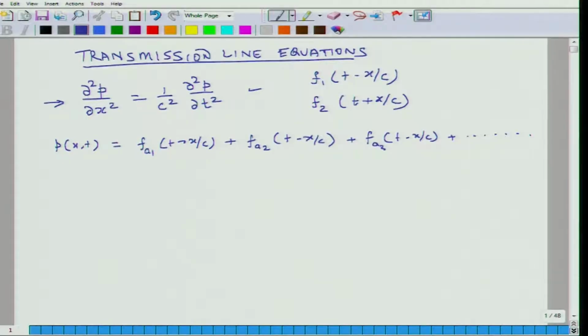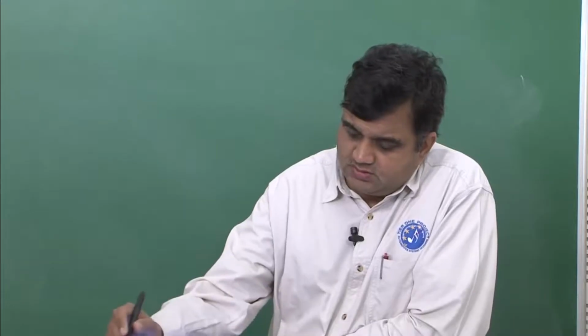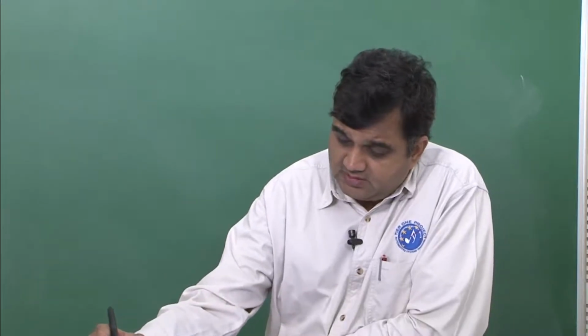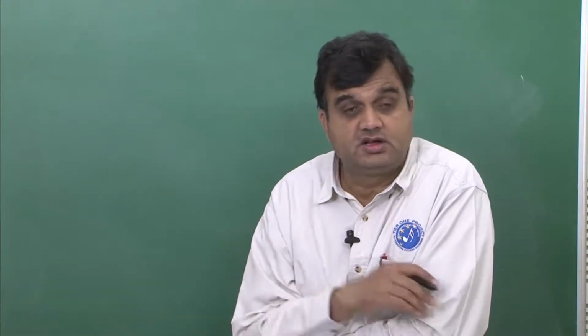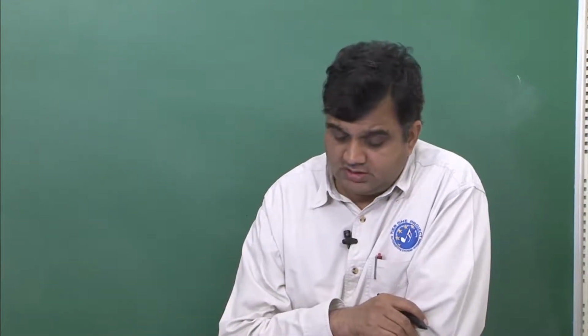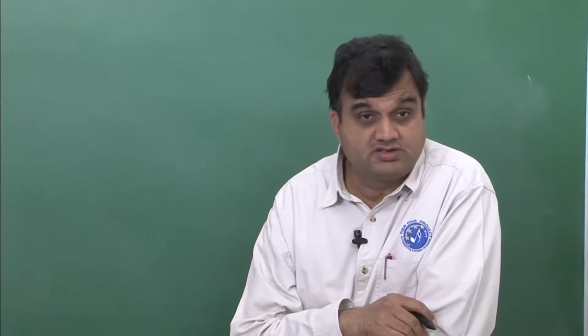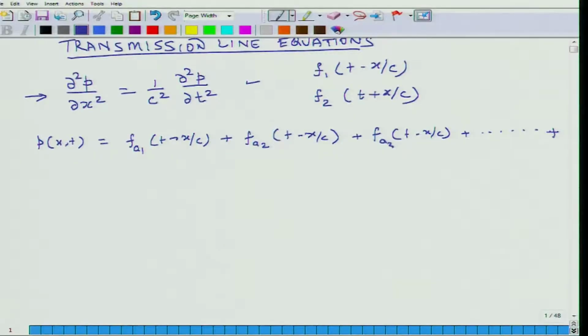Each of these functions fA1, fA2, fA3, fA4 and so on represent the sound wave traveling in the positive x direction. And then I can add some more terms to this solution. All these terms represent sound waves traveling in the positive x direction.